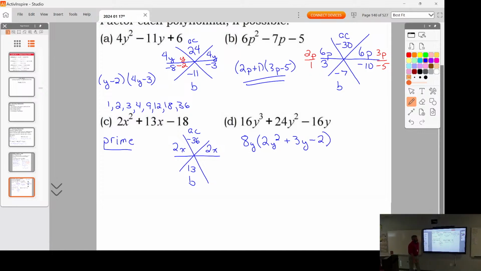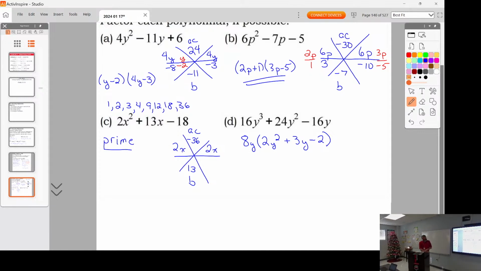Okay. If you would have factored out the 4y, you'd have to look at it again, and you would have seen a lot of even numbers. So you'd have to factor out another 2, and that 2 would have combined with the 4 to give you the 8.